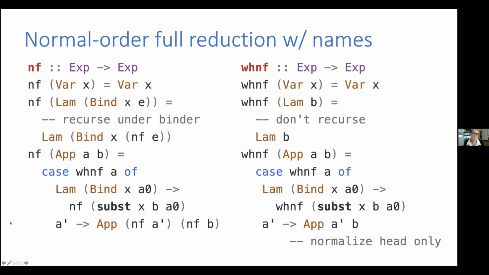It doesn't matter so much what the definition of this normalization function is. I'm putting it here so you can see that when we're using named variables, it's pretty direct. Substitution handles the capture avoidance just fine in this example.